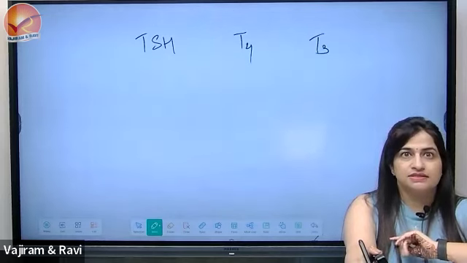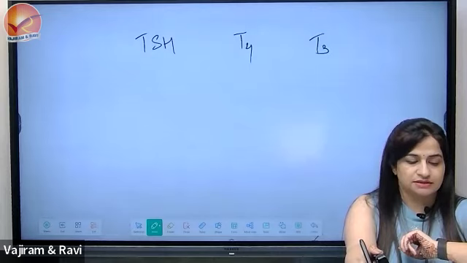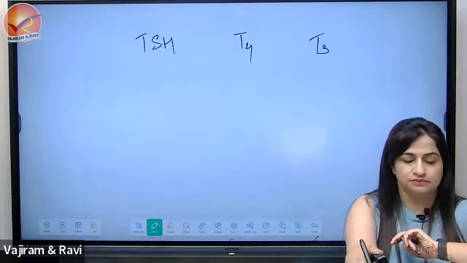Okay, next is Hridi. Next interpretation is TSH is normal, T4 is low and T3 is low.